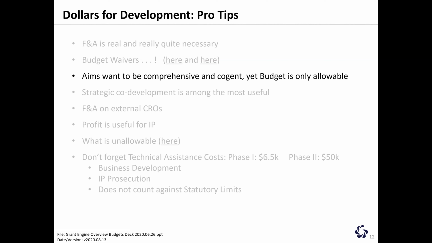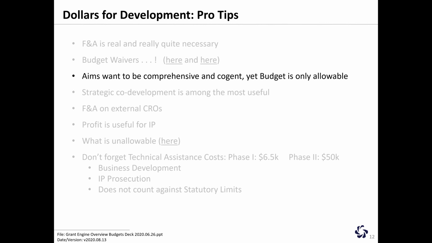And then the budget wants to request funding for those things that are only allowable, and does not have to be the maximum cost that the total effort would incur in the aims. And often, because of limits of what can go outside the small business, you hit a cap above which you cannot go. And that's okay.